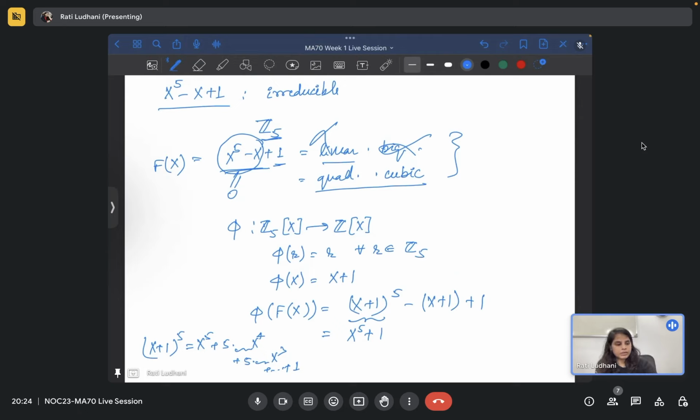In mod 5, these will be 0. So you just get x raised to power 5 plus 1.